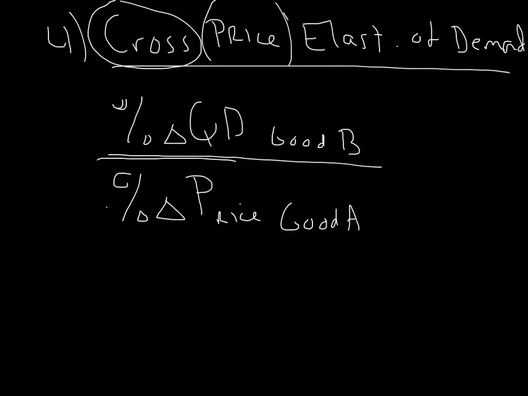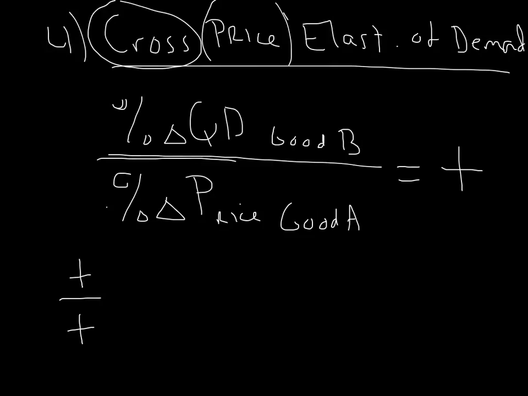So let's think. Suppose this fraction is a positive value. Well, if a fraction is positive, then they have the same sign. I'm going to assume 2 positive as opposed to 2 negatives.